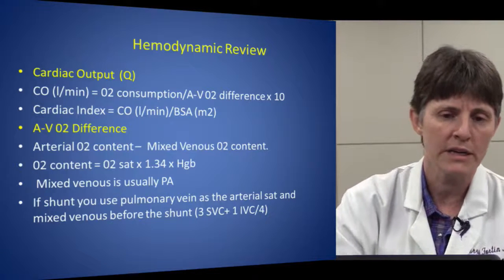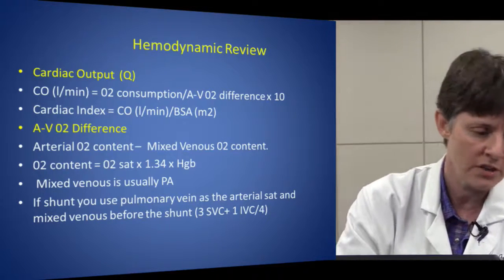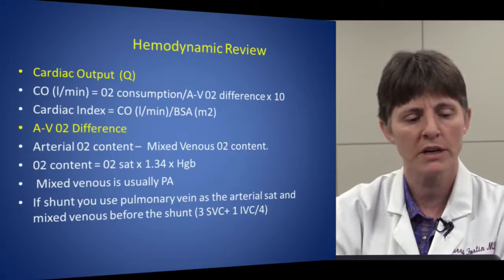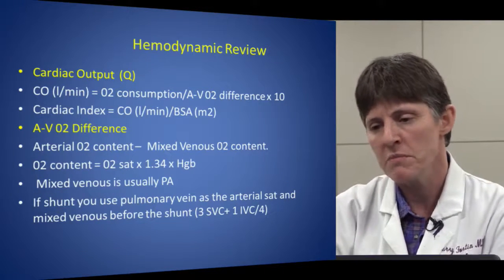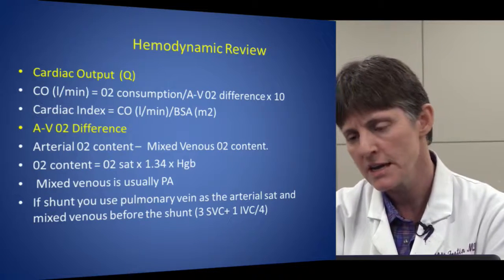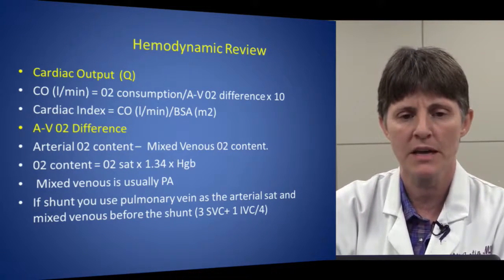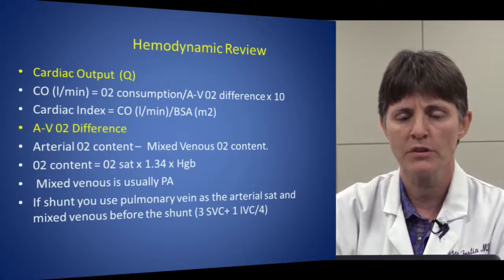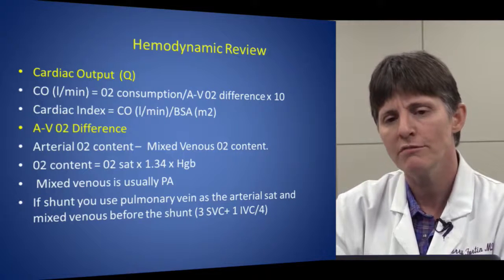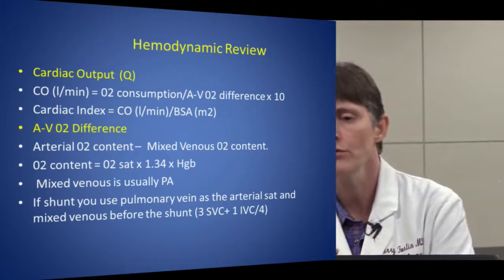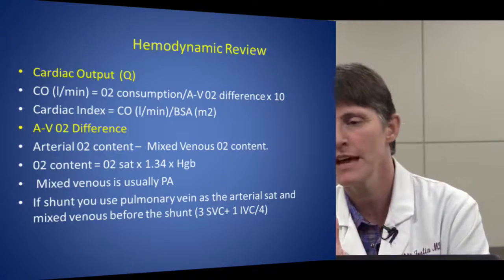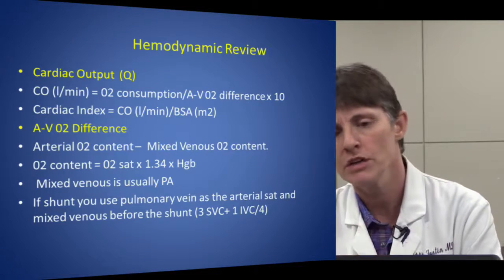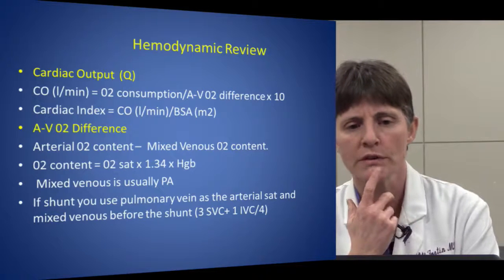So cardiac output is oxygen consumption, and oxygen consumption is very rarely truly measured in terms of putting a mask on someone and measuring how much oxygen they take in and how much carbon dioxide they put out. But we often assume oxygen consumption, and there are different ways to do that. And it's oxygen consumption divided by our arterial to venous oxygen difference times 10, and the 10 is to make up for milligrams per deciliter that we use to convert over to liters.